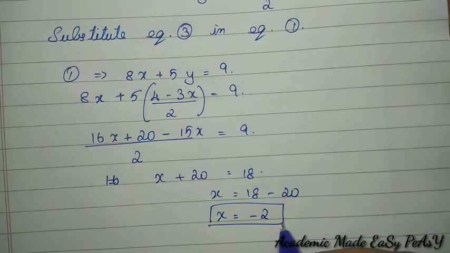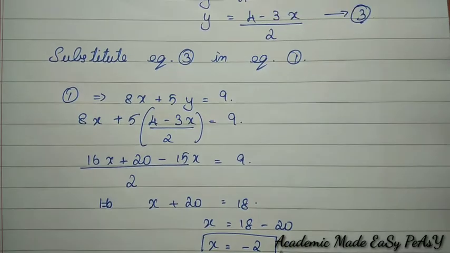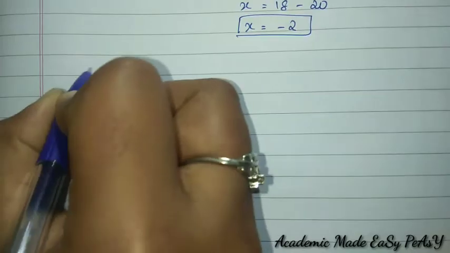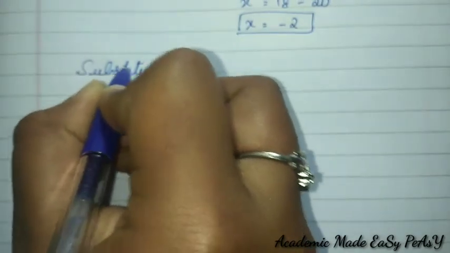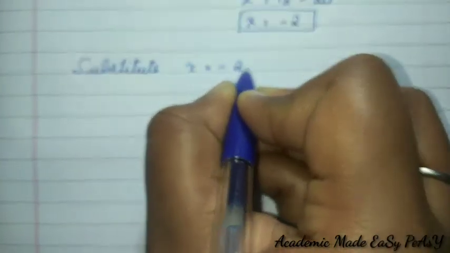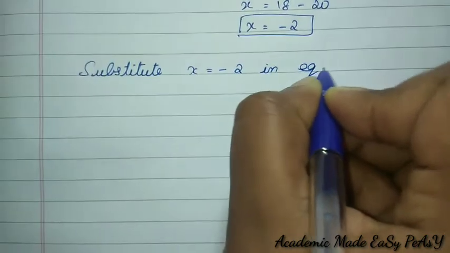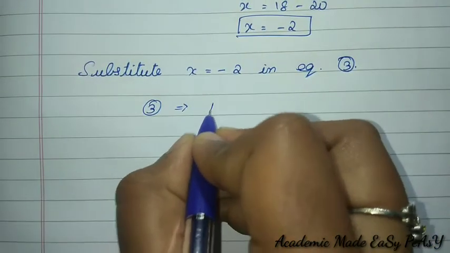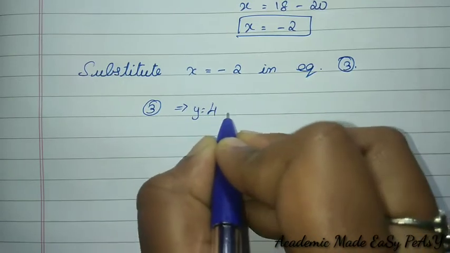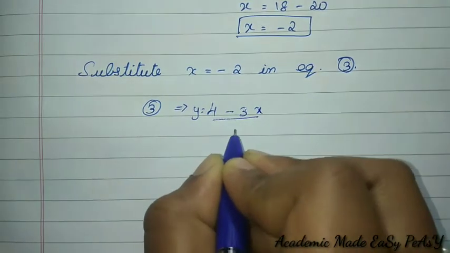Now I will be substituting x is equal to minus 2 in equation 3. Equation 3 implies y is equal to (4 minus 3x) divided by 2.